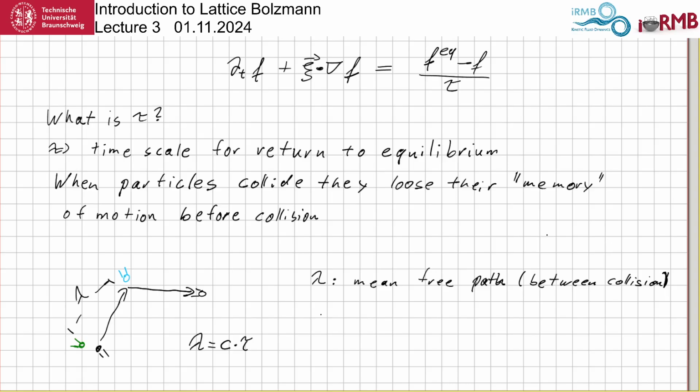So tau, the mean free time between punches. I don't know whether they have in boxing something like this, a time scale between punching. We should compute this. And c is the mean magnitude of particle velocity.